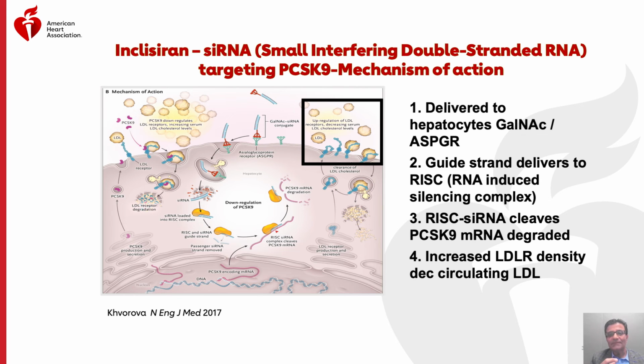By degrading PCSK9 messenger RNA, you have more recycling of LDL receptors, and they bring in a lot more LDL particles from the circulation, so your LDL cholesterol levels in the circulation go down.